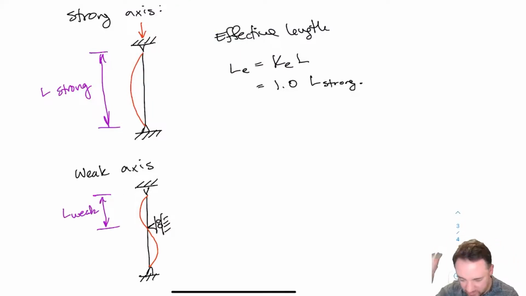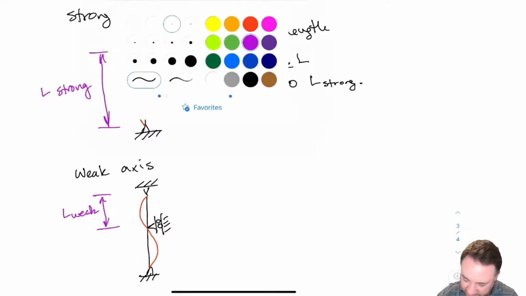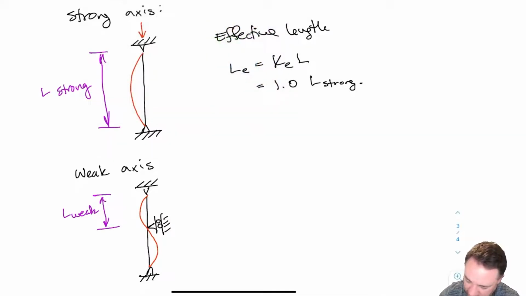And then I have to figure out what my KE factor is for that. LE equals KE times L again. To do that, I can look at that table again and look at the way that this buckles.